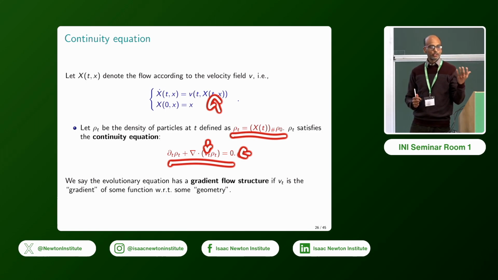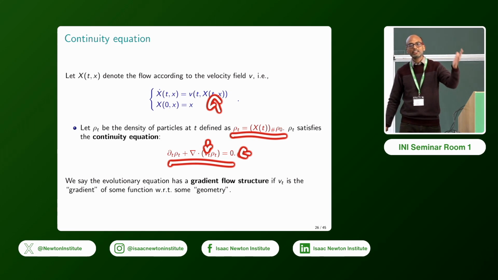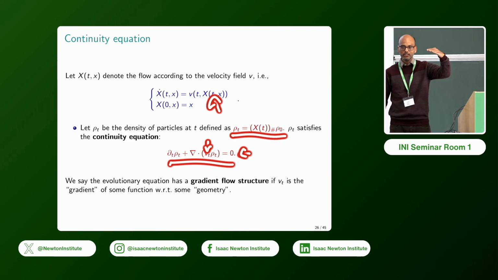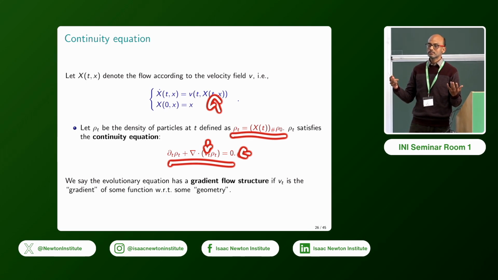In the case of Euclidean gradient flow, the geometry is Euclidean, but it doesn't have to be. As long as I can establish that there is a function and a geometry which yield the vector field, then you say this PDE has a gradient flow structure.